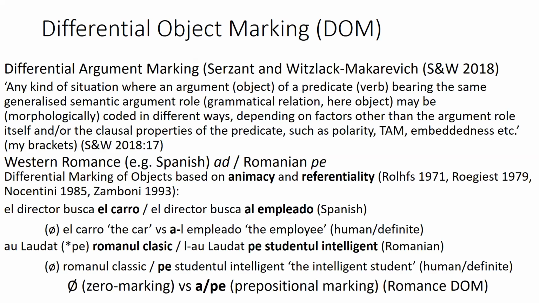So I think at its core, DOM, exemplified in Romance, is the differences in morphological marking, zero marking versus the use of a and pe for marking human definite objects. So it's zero versus some kind of marker.